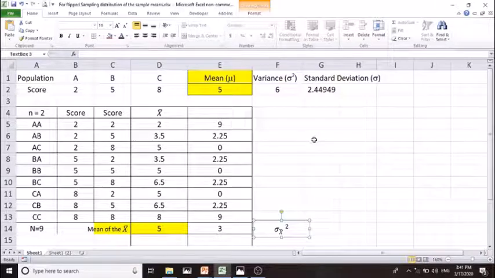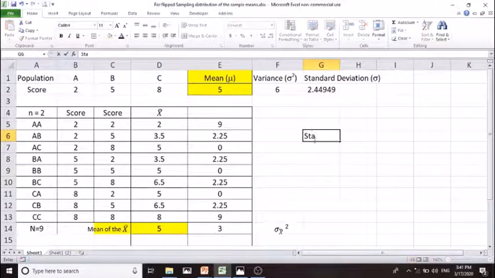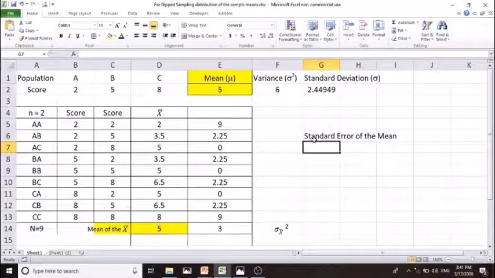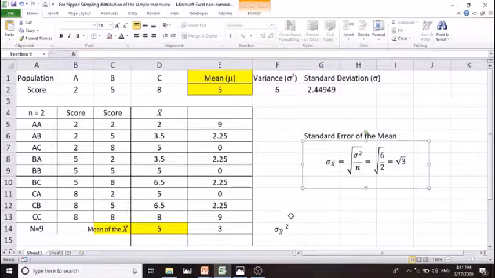After getting the variance of the sample means, if we get the square root of this, we call that the standard error of the mean. The square root of this is the following, so there's no more exponent of 2 here.